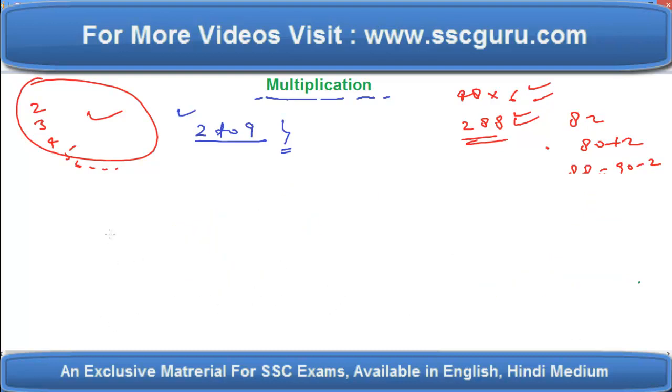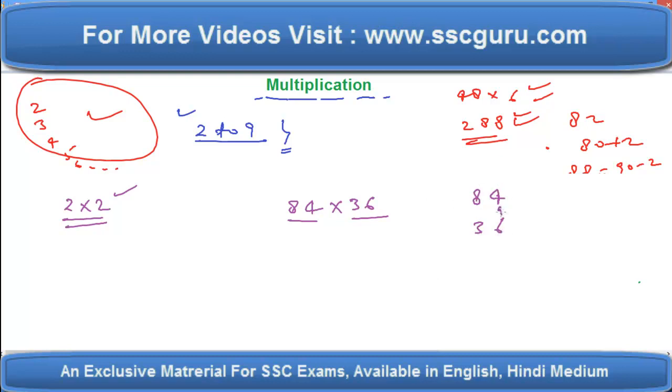Now we take another case. Suppose we have two 2-digit numbers, 84 into 36. We will work with 84 and 36.